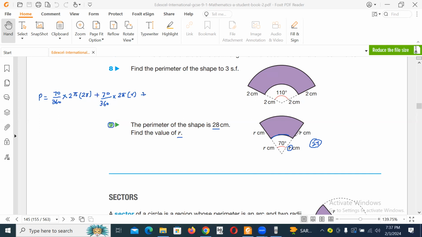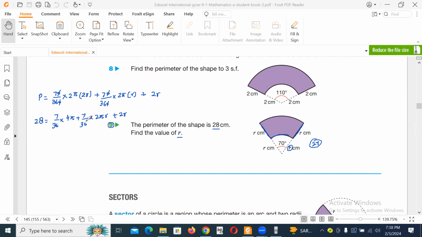And plus this r and that r we have to add as well, meaning 2r. So perimeter is given, which is 28. We can replace 28 here, and then 2 to the 4, so cancel 0 0. We have 7 over 36 multiply 4 pi, plus we can cancel these two zeros, and we have 7 over 36 multiply 2 pi r, and plus 2r.